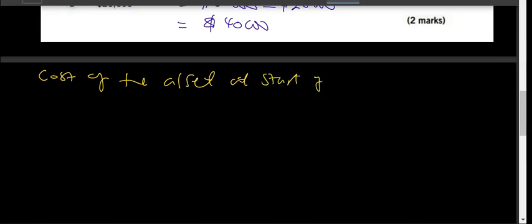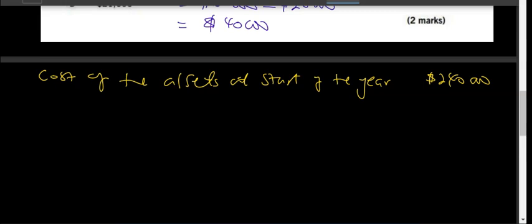First of all, let us determine the cost of the assets at the start of the year, that is on 1 January 20x1. This is given as 240,000, the cost of all the assets.